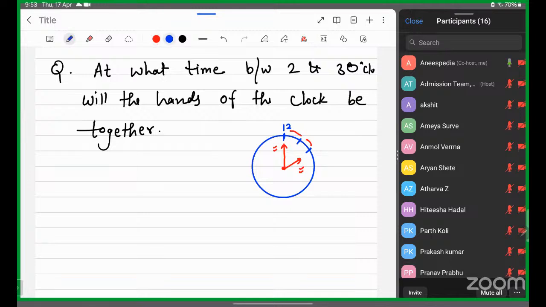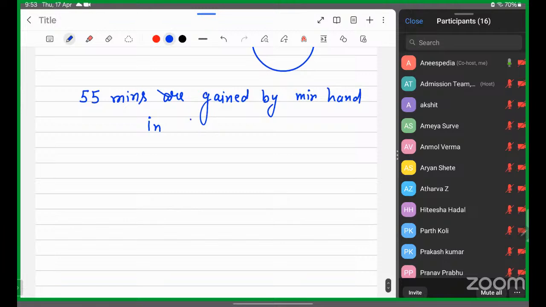And we know that 55 minutes are gained by minute hand in 60 minutes.